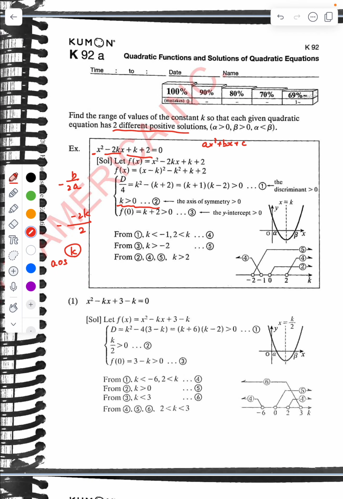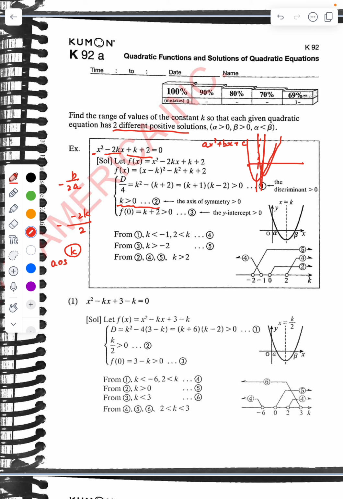Because if you look at a graph, this is again our Cartesian plane. If my axis of symmetry is right over here, let's say on the left side, which means my graph has to look like that, then I only have one positive, one negative. But if it's right here at 0, I also would not have two positive.